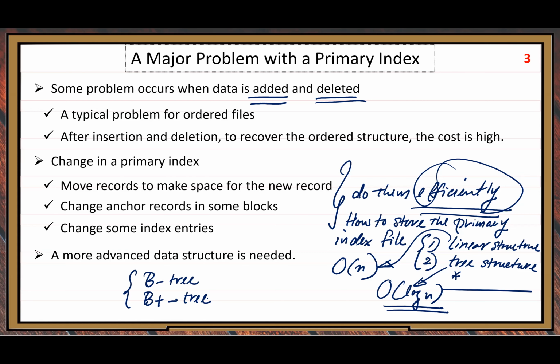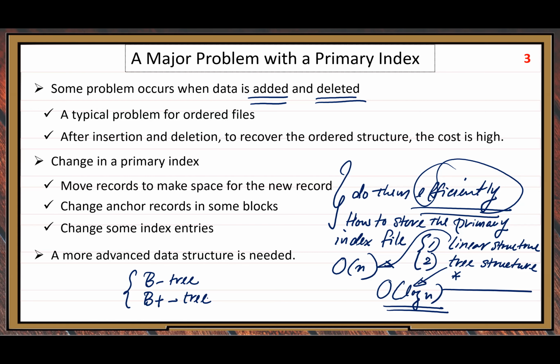But the most important feature of these two data structures is that they can handle the dynamic storage of your primary index efficiently.